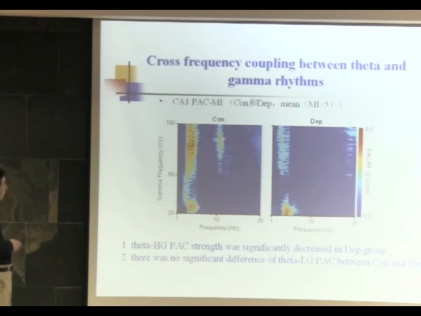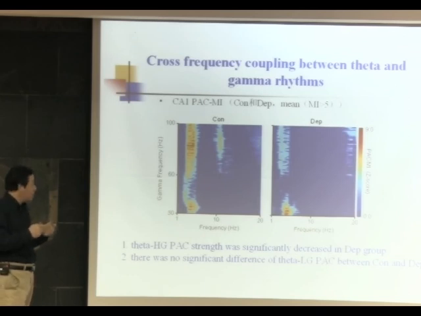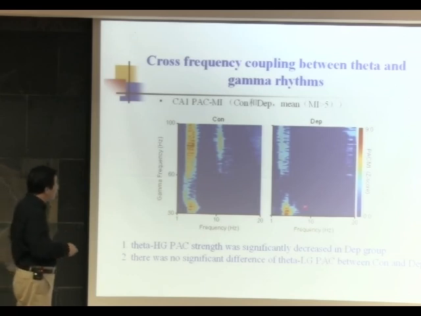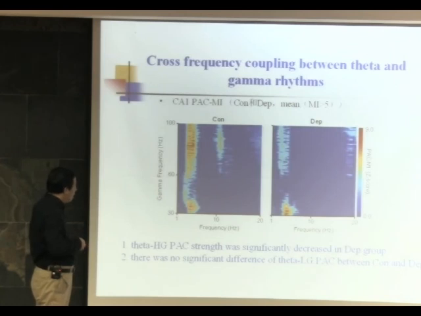This picture shows the control group. In the control group, theta and both lower gamma and high gamma have quite big coupling strengths. However, in the depression, theta and lower gamma show no significant change, but theta and high gamma almost disappeared.